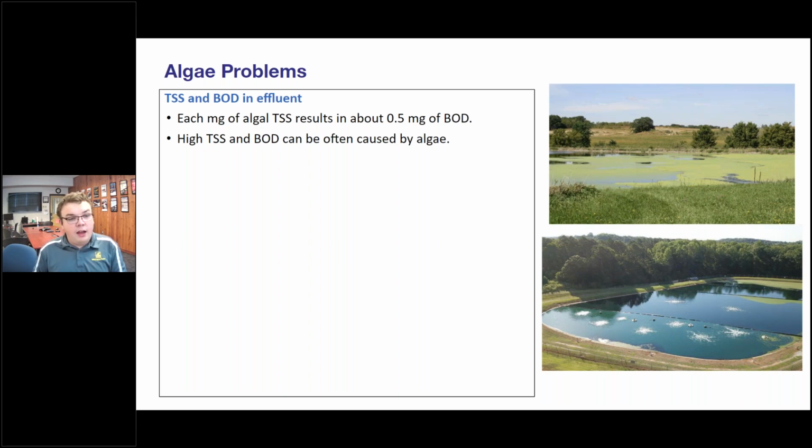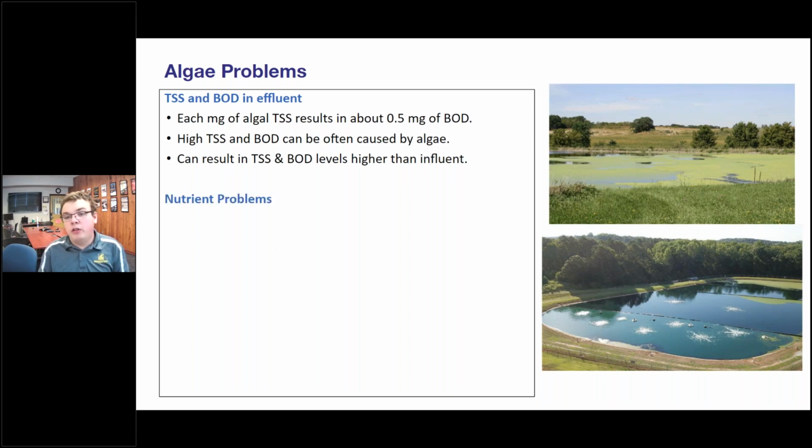You're going to have high amounts of suspended solids and BOD from the algae because algae reproduces very quickly and it's very small, a lot of particles. It can actually result in the solids and oxygen demand levels being higher than what's in your influent, because the algae gets into the effluent and is actually adding to the solids and the oxygen demand for the lagoon system.